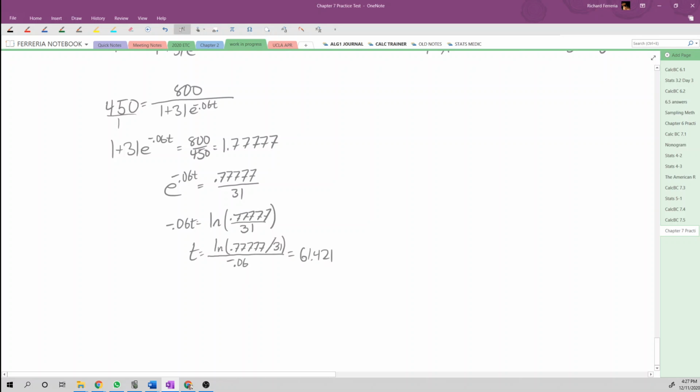That's 61.421. So there will be 450 mountain lions after 61.421 years.